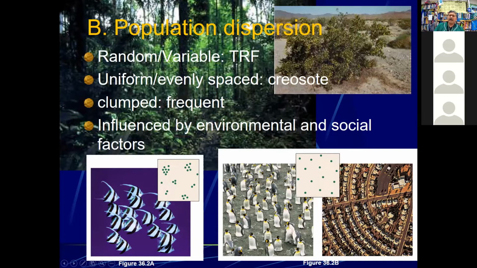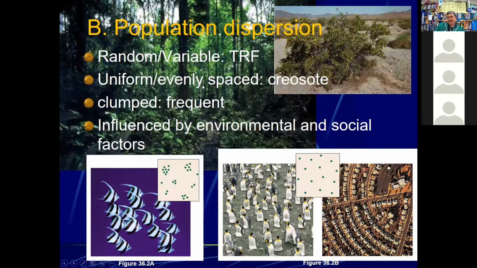In areas in the tropical rainforest, you don't have to compete for water. You don't have to compete for sunlight. If you're a plant and you have all the sun you're going to want and all the water you need, that's a lot of resources you don't have to compete for. So there's going to be a random or variable distribution of organisms in this area.